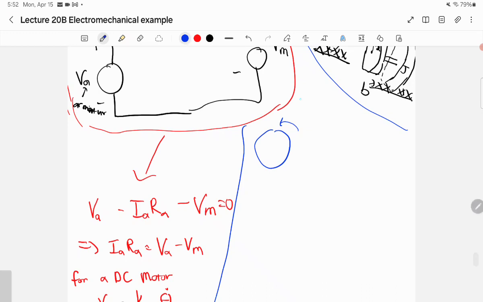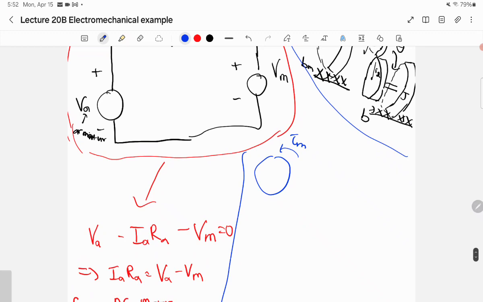So this is going to be tau m. TD is the D'Alembert torque.